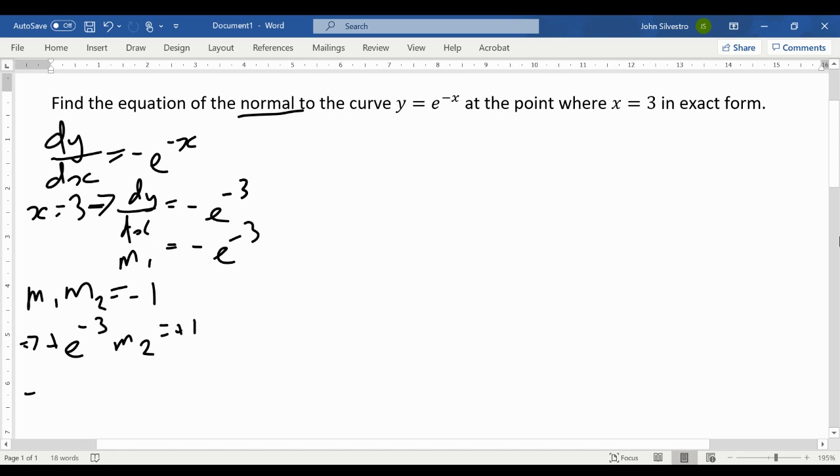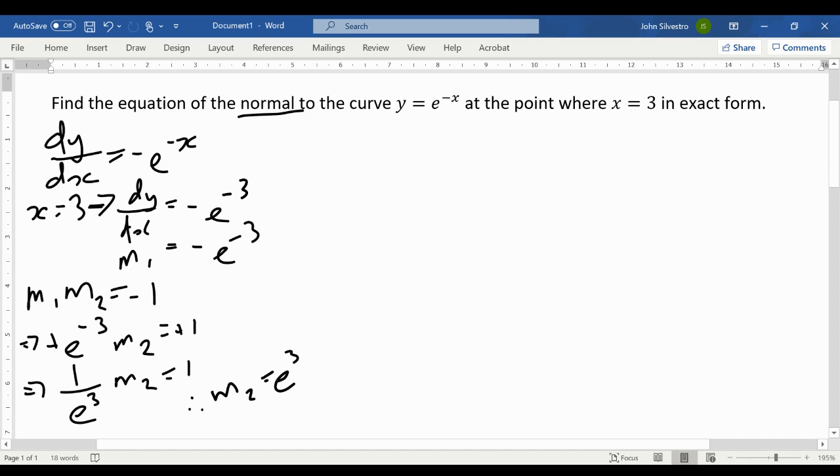So what that is saying is 1 over e cubed times m2 equals 1. So I need m2 and e cubed to cancel each other out. So the way that that's going to happen is if m2 equals e to the power of 3.